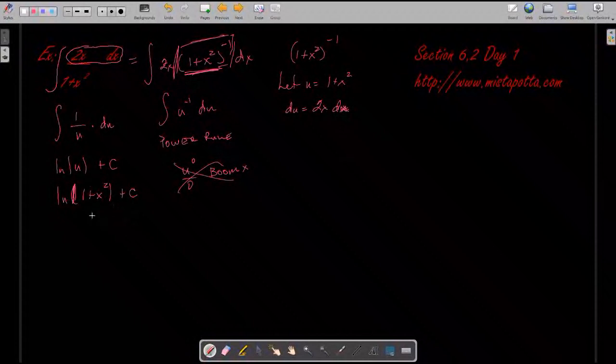And I'm not going to have these absolute values here because the expression 1 plus x squared is always positive. So I could leave it as parentheses 1 plus x squared inside the natural log. That's perfectly acceptable.